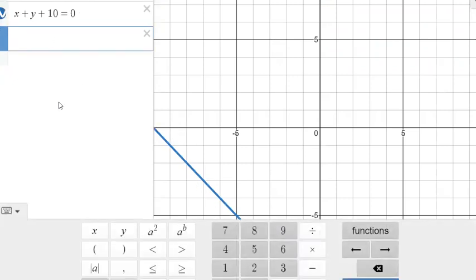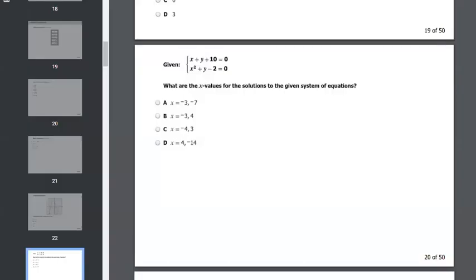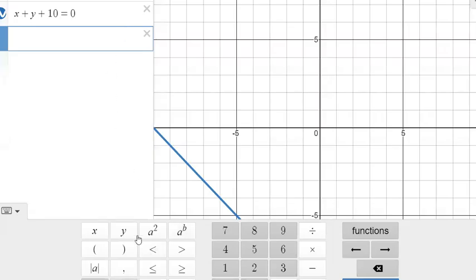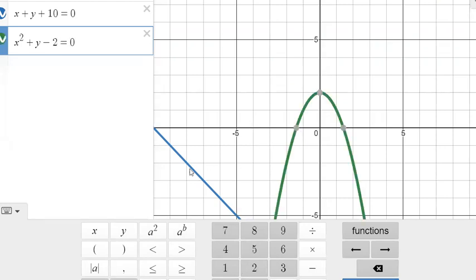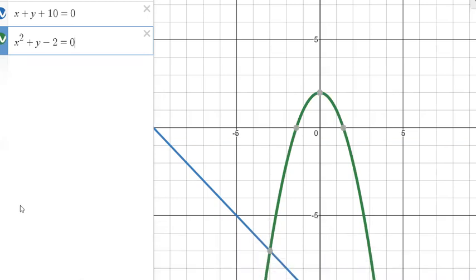That's what the first equation gives me. The second equation says what? x squared plus y minus 2 equals 0. And I get this green U shape. That would be a quadratic function.